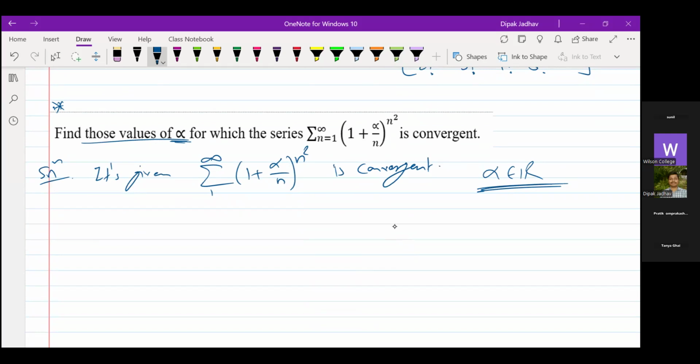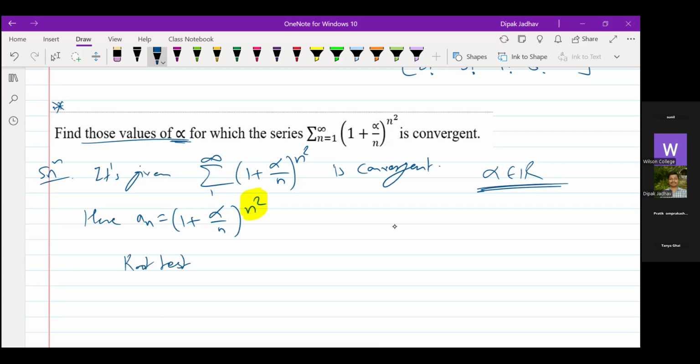So let's apply. Here a_n is (1 plus alpha by n) whole raised to n square. Whenever you have power n at the place of the power, it is always tempting to use the root test. So let's apply the root test.